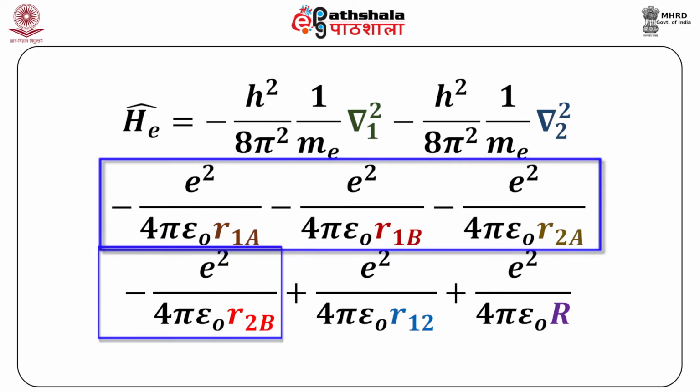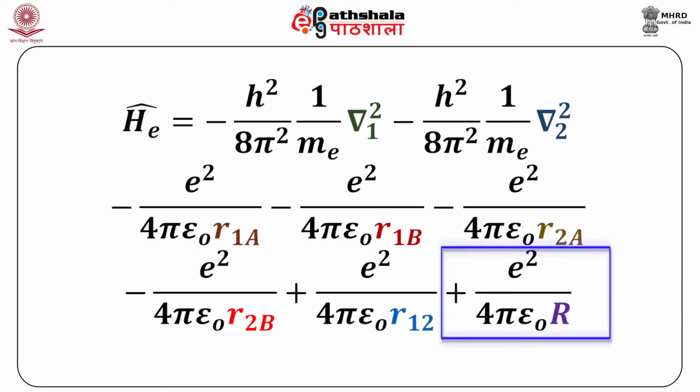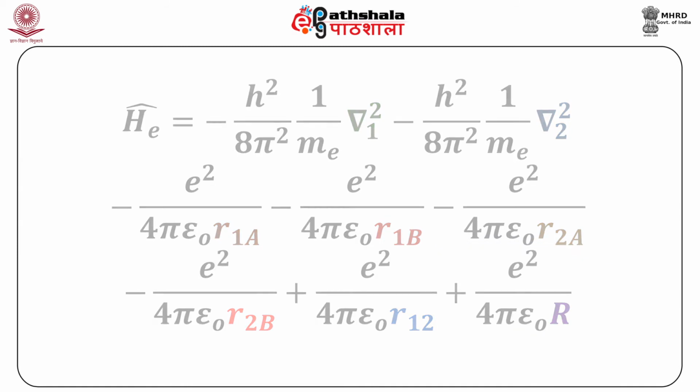And then again we have the 4 electron-nucleus attraction terms, then one term which is the electron repulsion term, and the last term which we have already discussed above, that is the nuclear repulsion term.